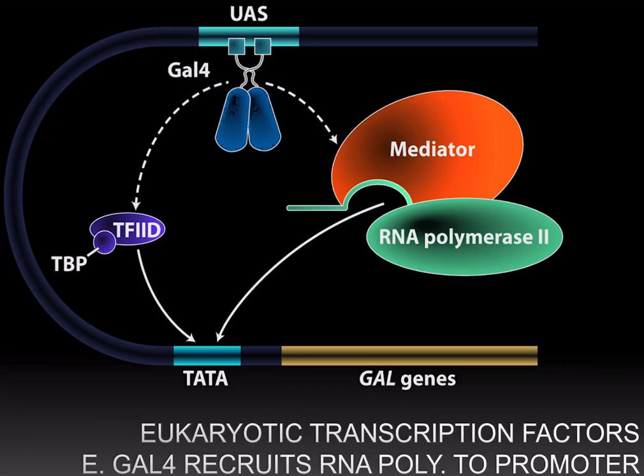There are other classes of proteins called coactivators, such as CREB binding protein or CBP, that are also involved in this interaction between the activation domains of transcription factors and RNA polymerase II.